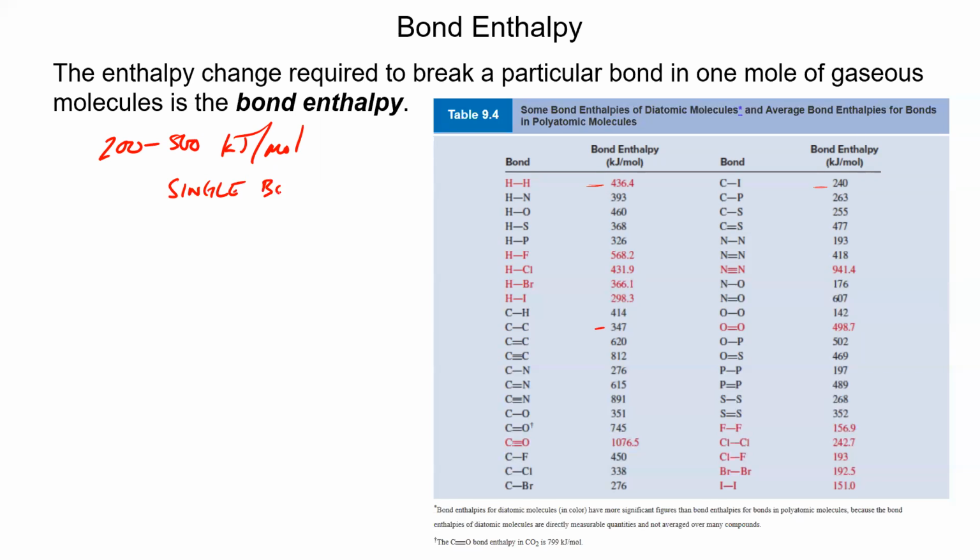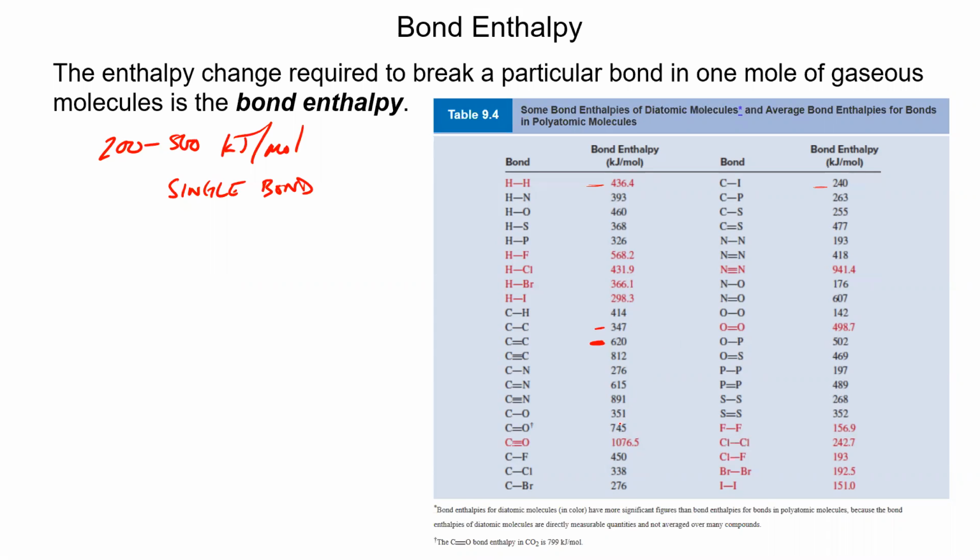Now we've got the table in front of us, so hopefully it's easy to see that when we jump up to double bonds, those double bonds tend to be stronger, right? And that makes perfect sense. We know that in a double bond, instead of just sharing one pair of electrons, we're now sharing two pairs of electrons. And so it takes a little bit more energy for us to pull apart molecules that are sharing two pairs of electrons than it does molecules sharing just a single pair of electrons. And so when we look at double bonded compounds, like a carbon-carbon bond here, right?